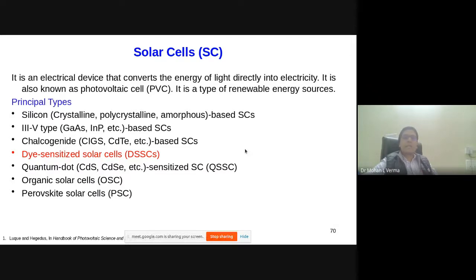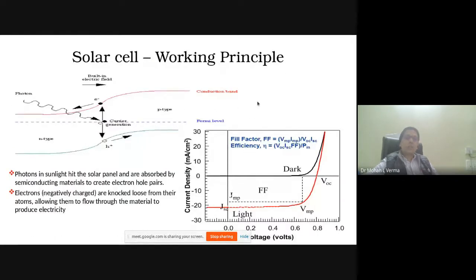All these have been detailed by Professor Khare. And the working, the simple thing is that light is absorbed, and an electron hole pair is generated, and via generating this electron hole pair, the solar cell operates.